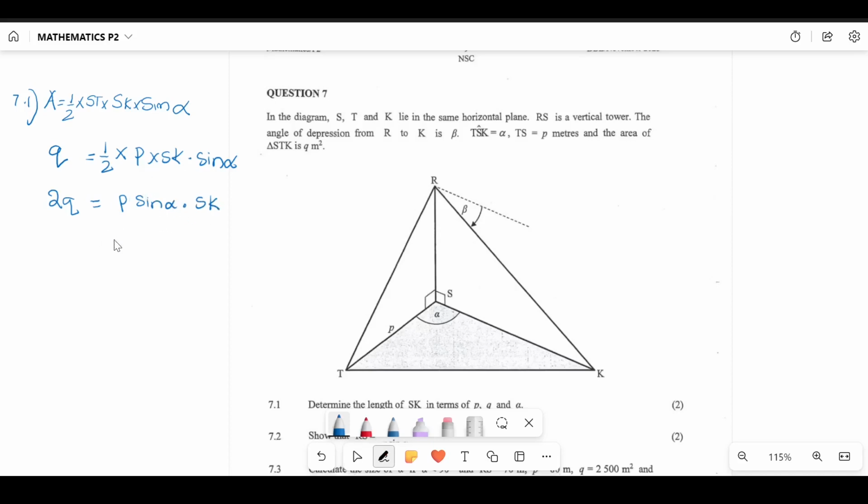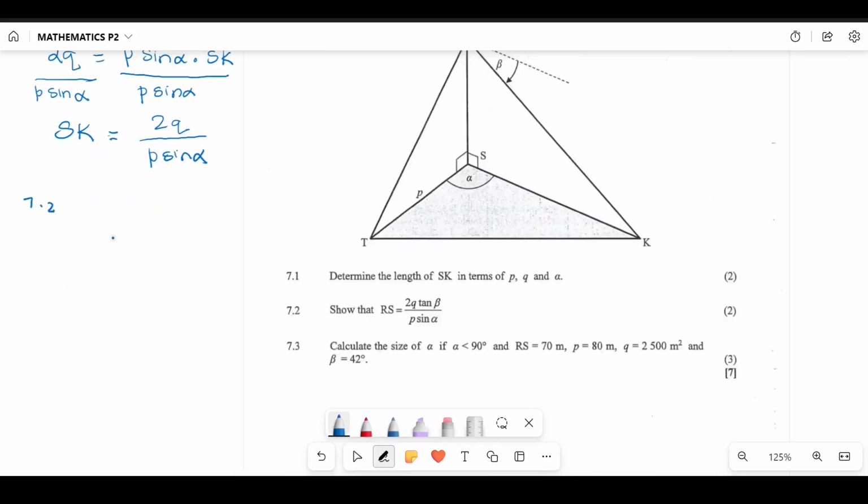Dividing both sides by P sine alpha to have SK alone on one side, you get SK equal to 2Q divided by P sine alpha. That is SK. We were asked to find SK in terms of P, Q and alpha.